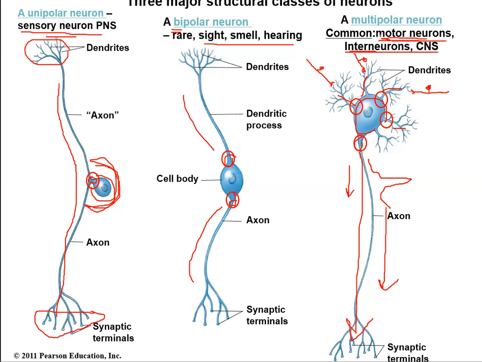And so motor neurons, yes, there are fewer of them, but they are receiving information from a ton of different places and telling the muscle to contract or not. Okay, again, these are the three structural classes, and the structure is determined by how many branches there are off of the cell body.